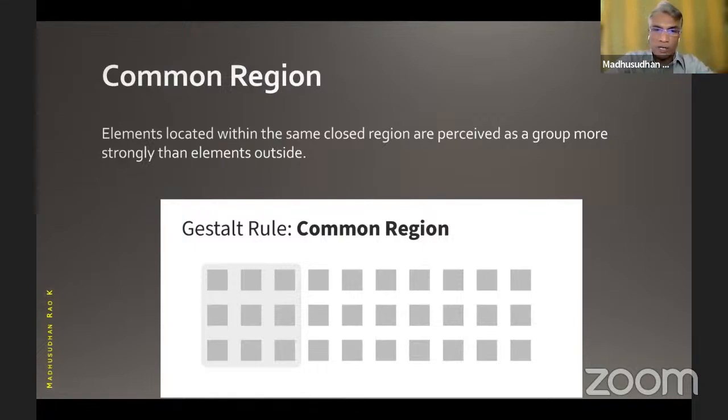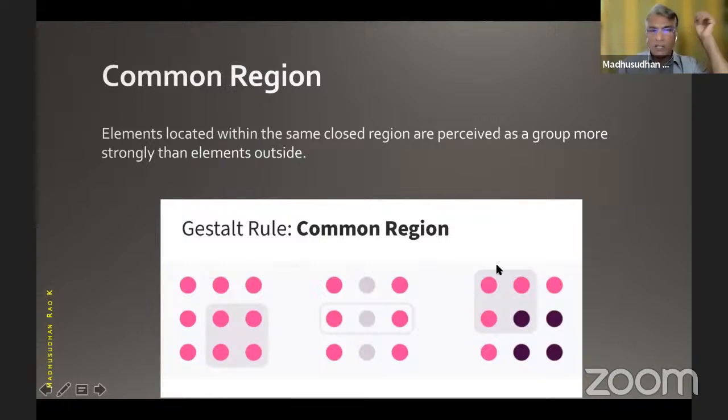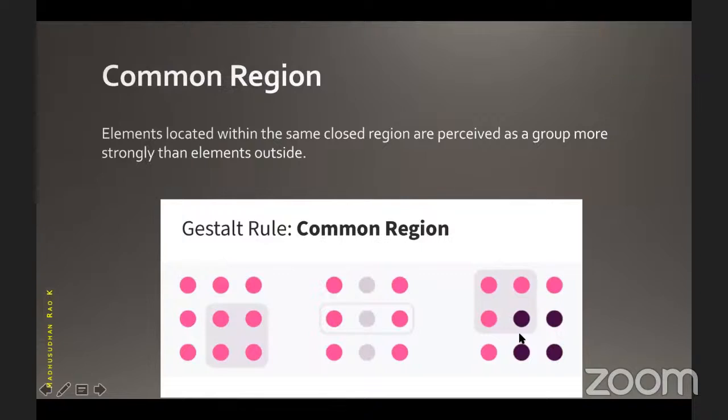They are also similar, but they are not grouped with a box. So you feel this is close, these are not close, but they are placed equally. That is what this particular principle means. This is an example. I have kept a gray box here, a line, and there is a black one, still you feel it's a group. Exactly.